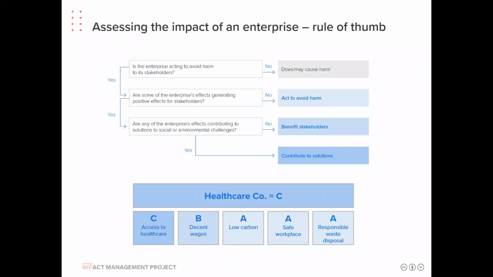If some of those outcomes are positive, then it would not just be an A, but it would be a B. And then if it's not just acting to avoid harm and benefiting, but some of those positive impacts are reaching otherwise underserved people or the planet, then it's a C. And so in this case, our health company would be a C.